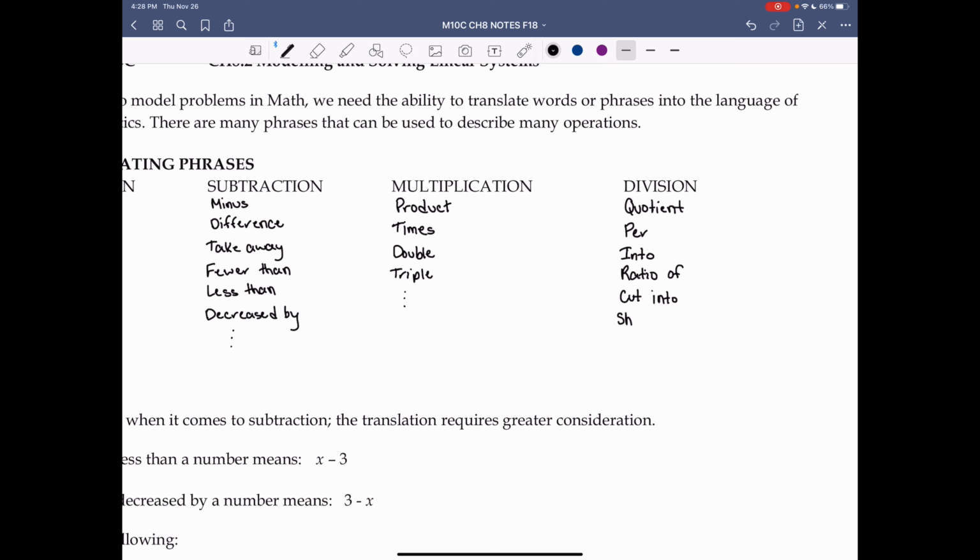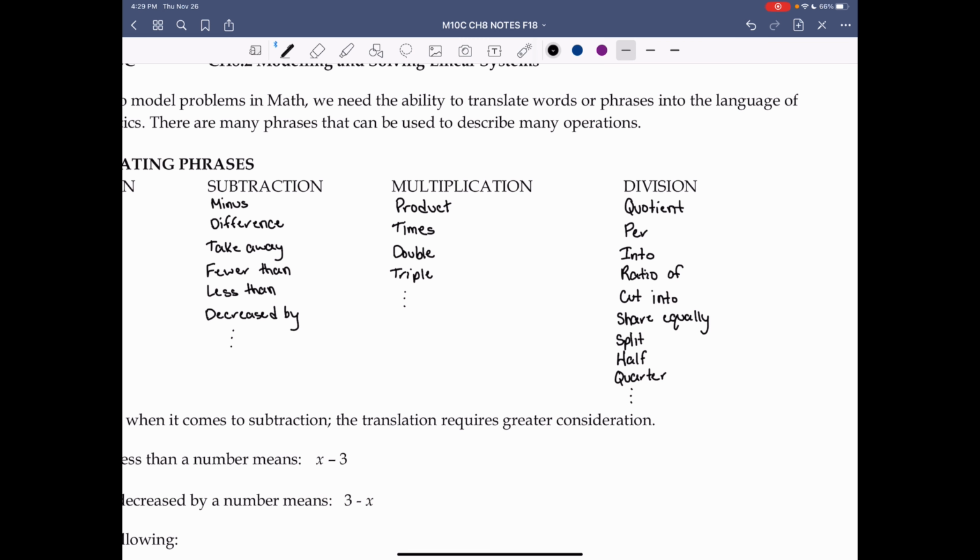Share equally. So if we're going to share something equally between 3 people, means we're dividing it by 3. Split. Half. Quarter.